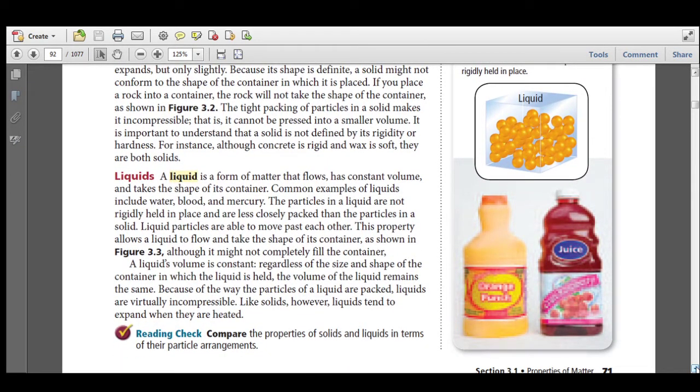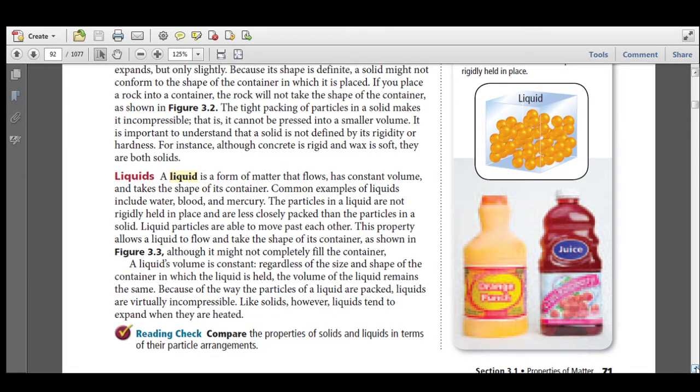A liquid is a form of matter that flows, has constant volume, and takes the shape of its container. Common examples of liquid include water, blood, and mercury. The particles in a liquid are not rigidly held in place and are less closely packed than particles in a solid. Liquid particles are able to move past each other.